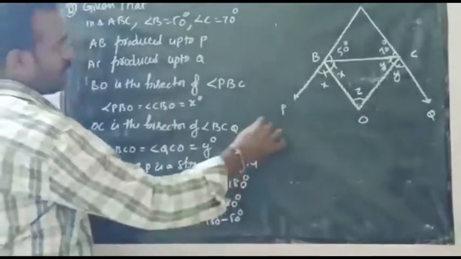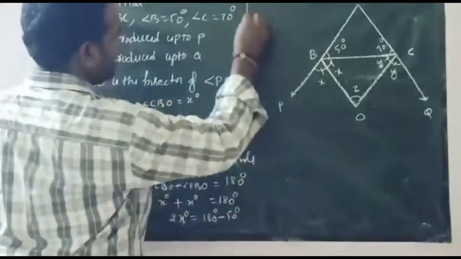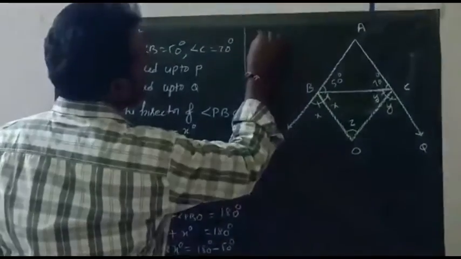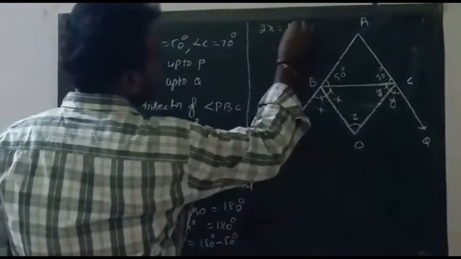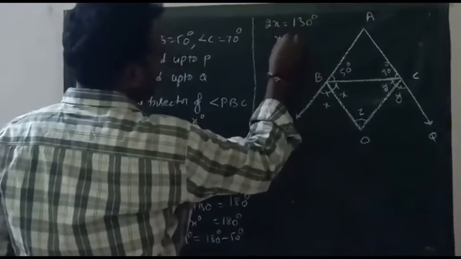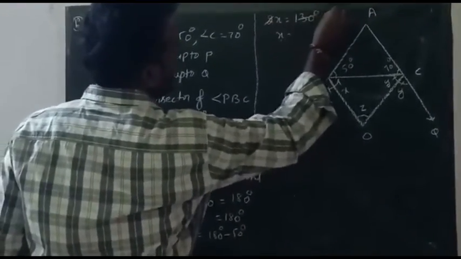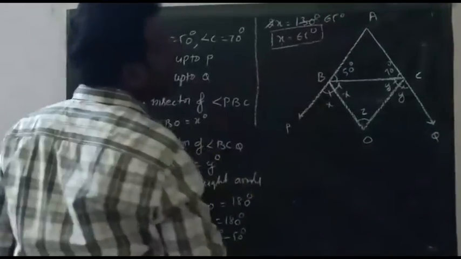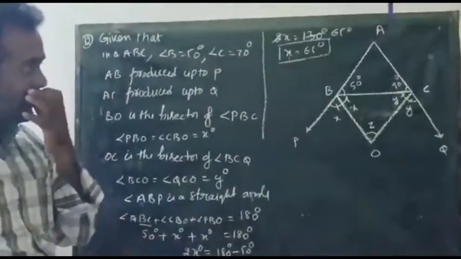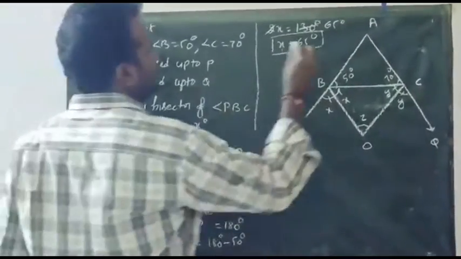So 2x is equal to 130 degrees. So x is equal to 65 degrees. That is how the x value came.